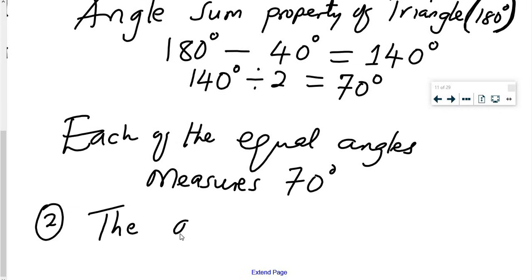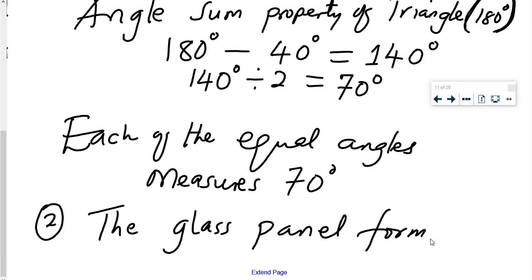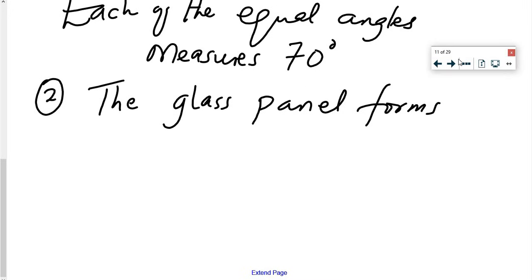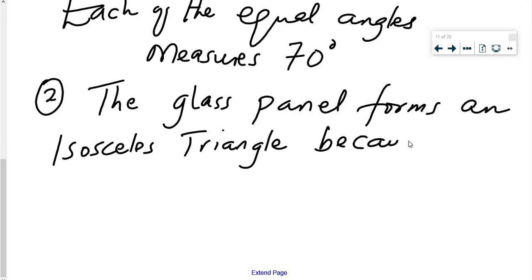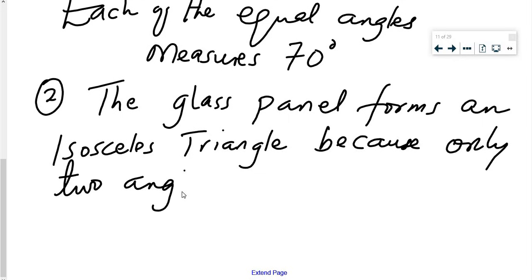The glass panel forms an isosceles triangle, because only two angles are equal.